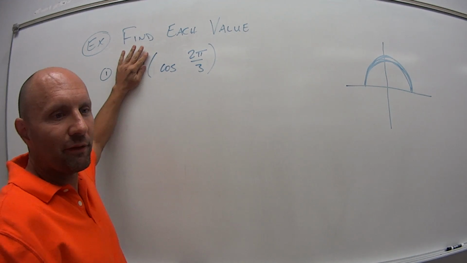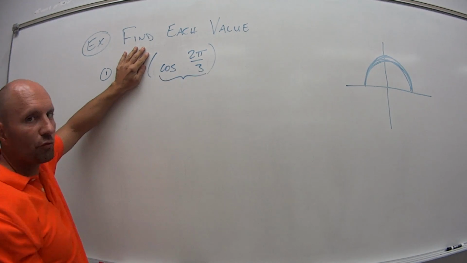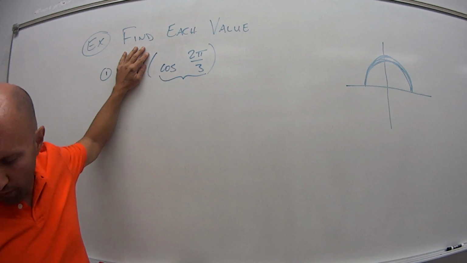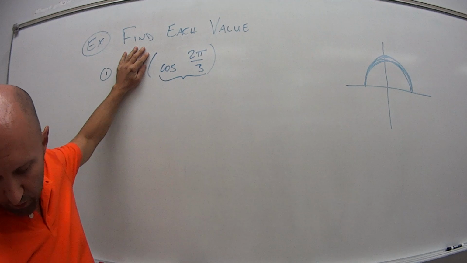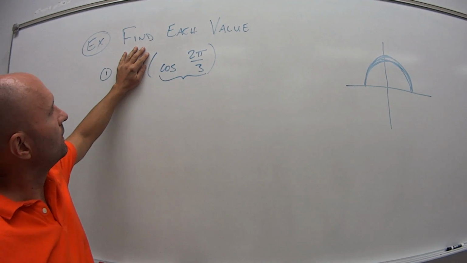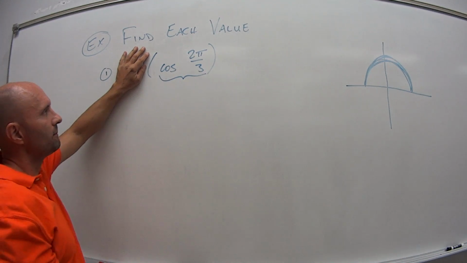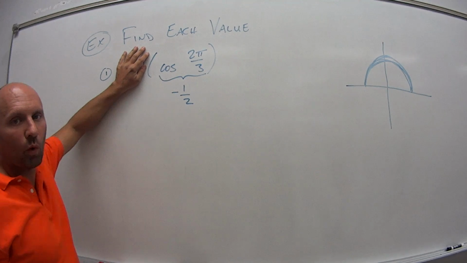We're not going to worry about the cosine inverse function in front. First thing we just want to look at is what's inside the parentheses. So sort of like your order of operations. So what value is cosine of 2 pi over 3? Well, this would be minus 1/2.